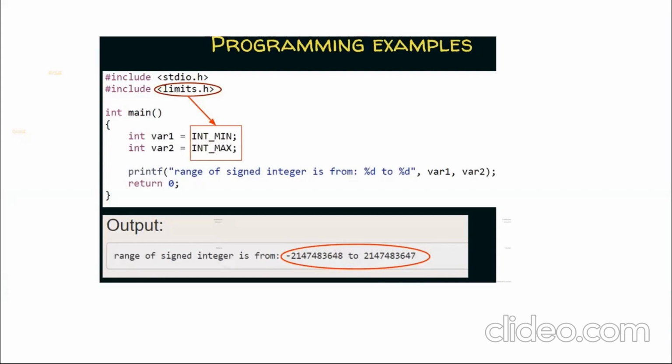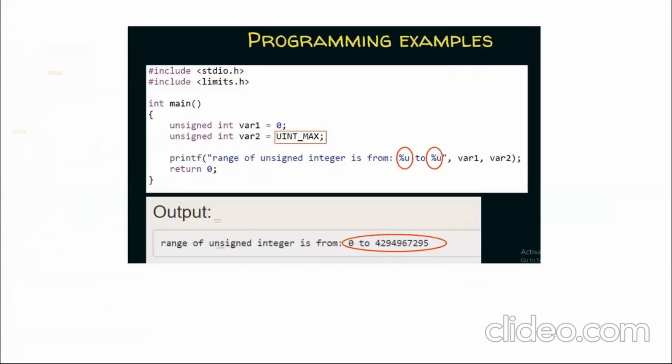The point to remember here is that the percentage d control format specifier is used here. Next one is unsigned integer range, how to find it in programs.